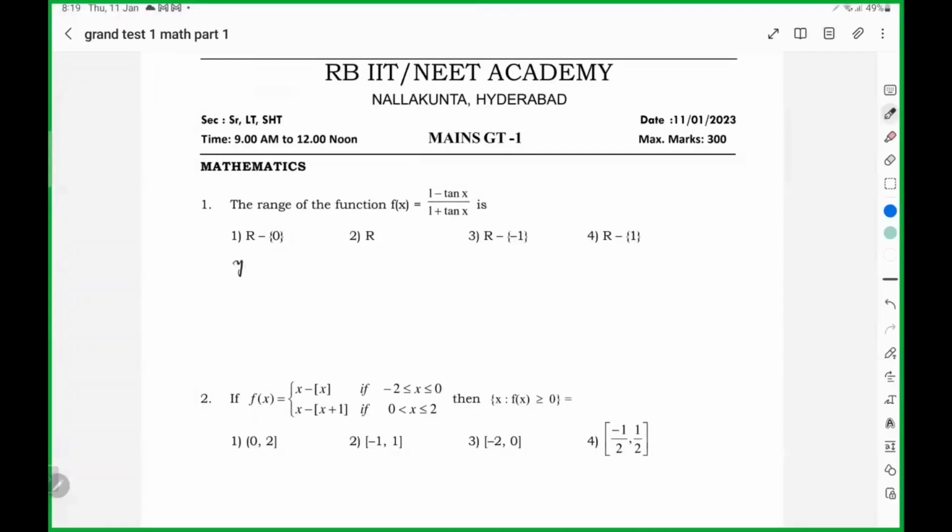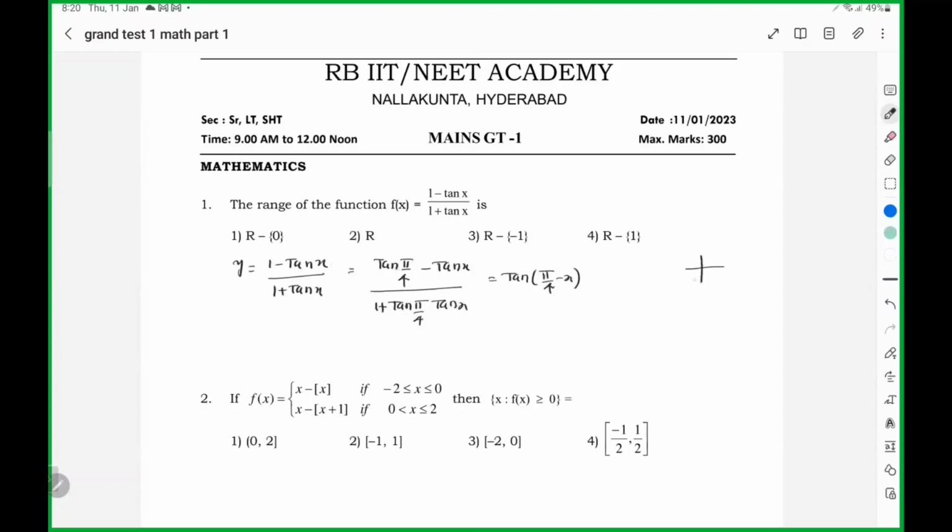So y here is 1 minus tan x by 1 plus tan x, which is tan pi by 4 minus tan x by 1 plus tan pi by 4 tan x, which is tan of pi by 4 minus x.